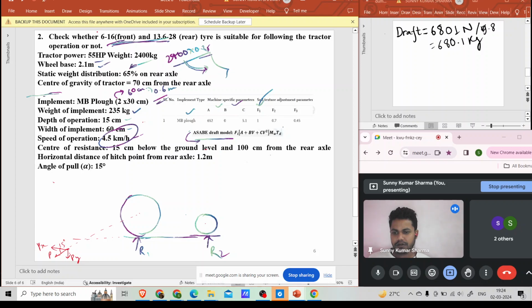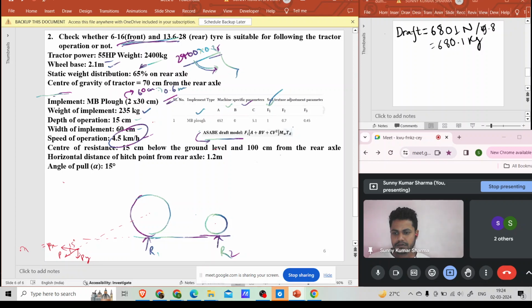What is the horizontal component of the pull called, in general terms? This is nothing but the draft term. So this draft you have obtained from the equation, and this draft is nothing but P cos 15 degree.